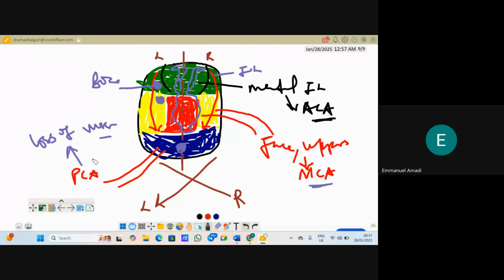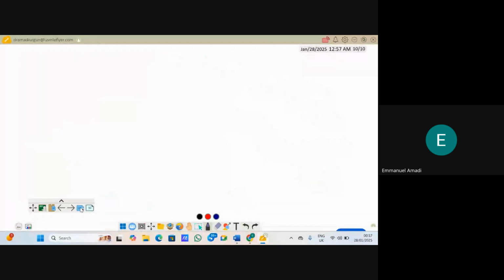Now, when you look at the brain stem, it is completely different from the cerebral hemisphere. Your brain has different levels. As you move from top to bottom, you find out that there are different levels of the brain, and each of them have their own function, basically.